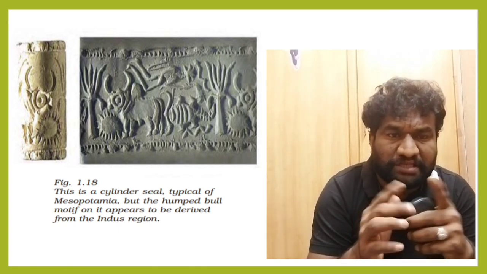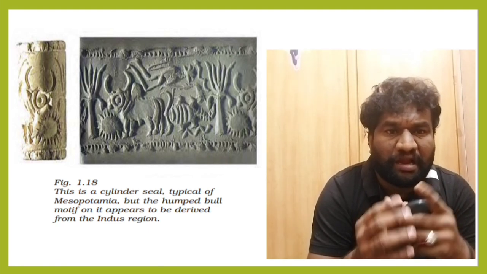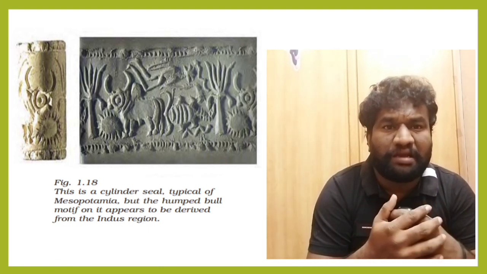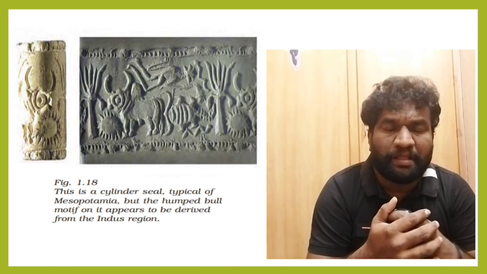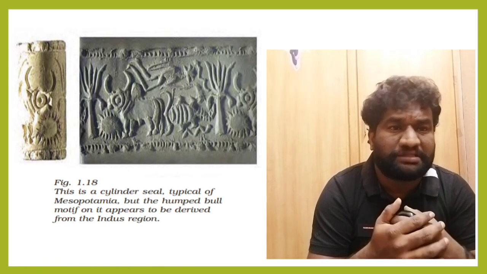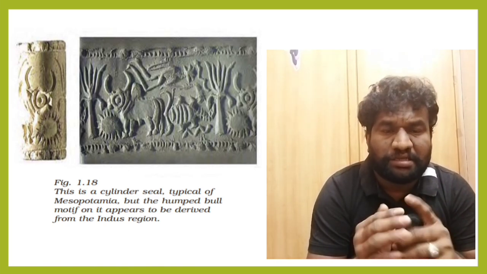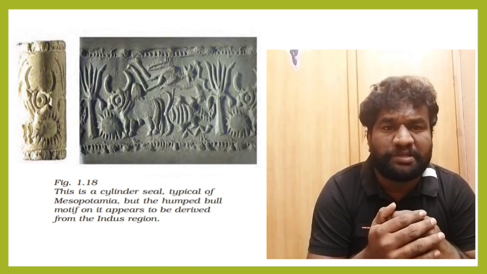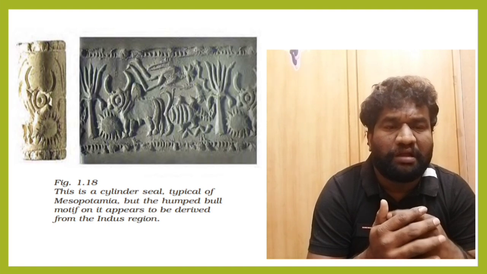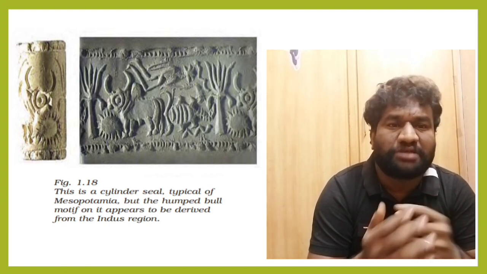You can see some pictographic script there, and animal images on the seals. The humped bull in particular is frequently found on these seals. So the major difference between Mesopotamian seals and Harappan seals is that Mesopotamian seals are cylindrical, whereas Harappan seals are rectangular, square, and circular.